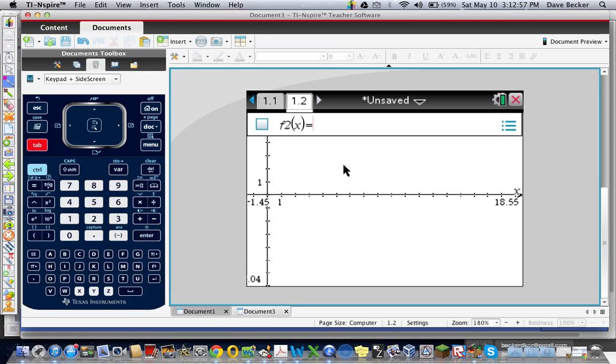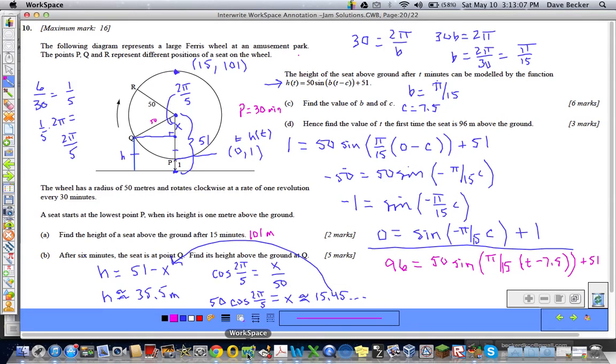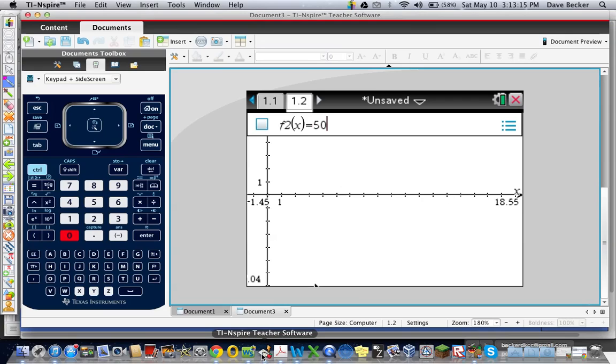And now I have to graph that big, giant function: 50 sine of pi over 15 times x minus 7.5. Then I go outside, make sure you have all that in parentheses, plus 51, bam.